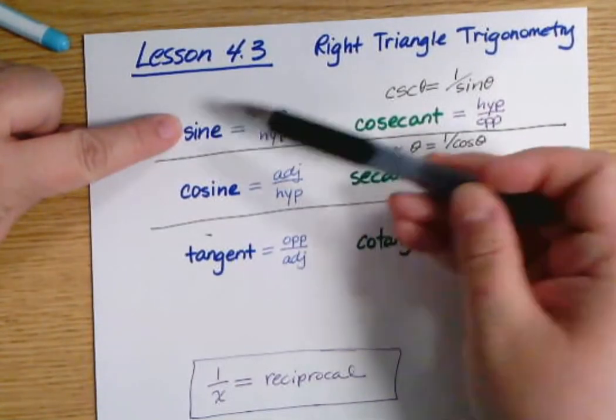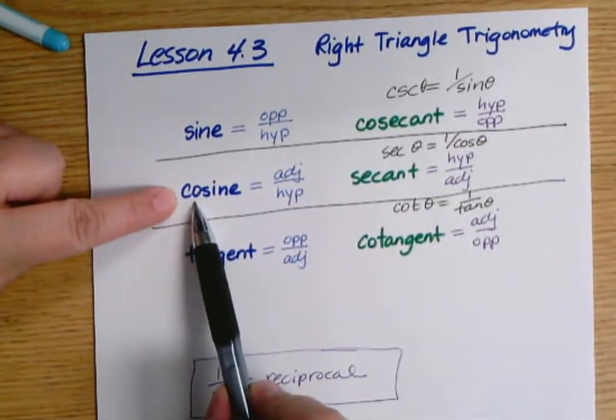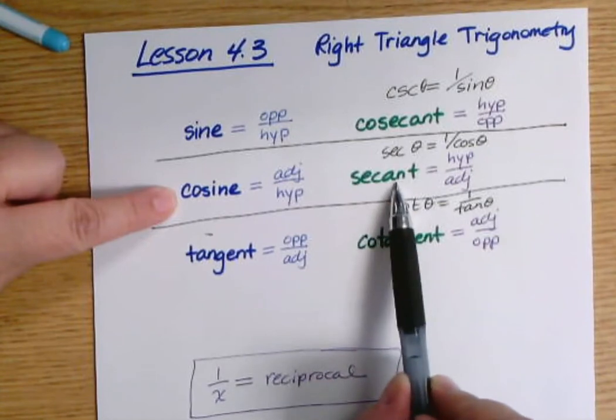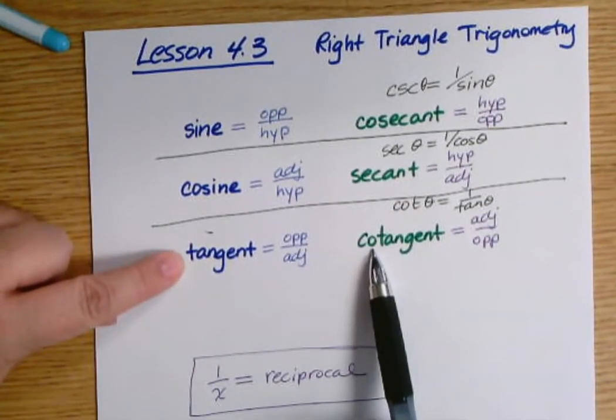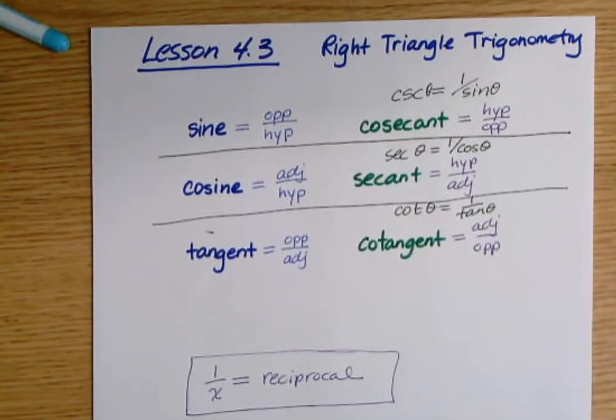Sine doesn't have co in it. The one that is its reciprocal does have a co. It's cosecant. Here we already have a co, so it's the one that's not co. And here the co over here. So each of these pairs of reciprocal functions has one that's a co.